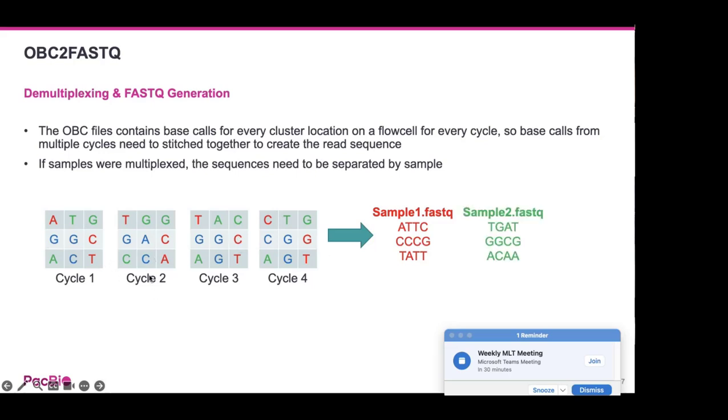And then it'll do the same thing for the green sample, or sample 2, and the same thing for the blue sample, sample 3. So that's basically what demultiplexing is. I hope that was understandable. Any questions on this? Cool. So yeah, that's what OBC to FASTQ does.